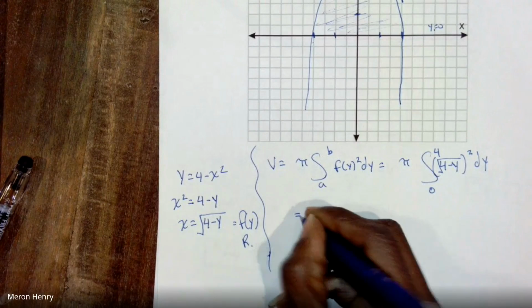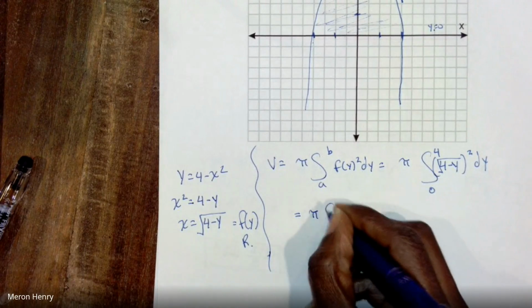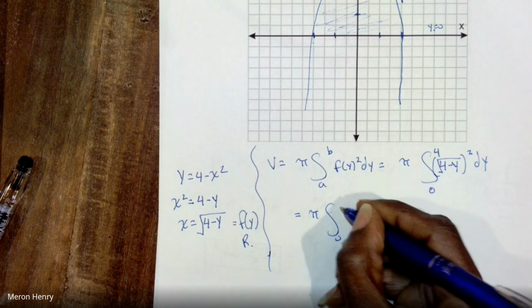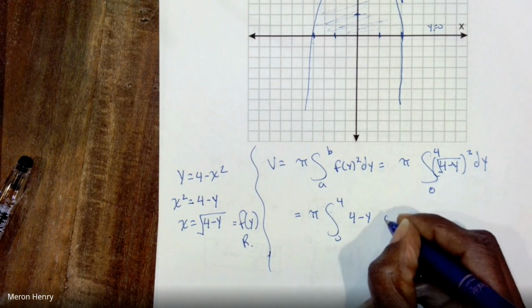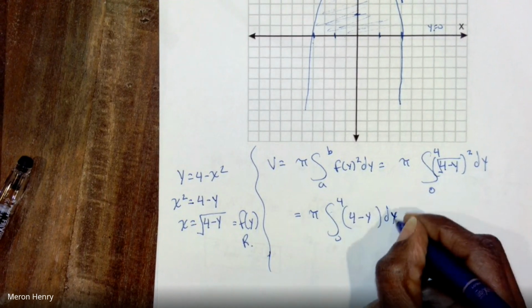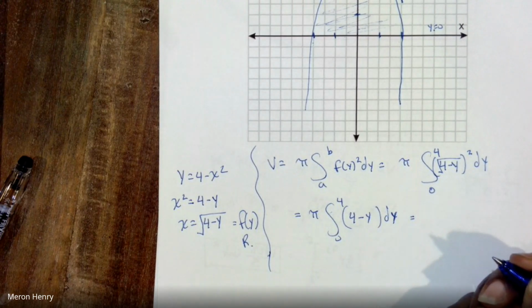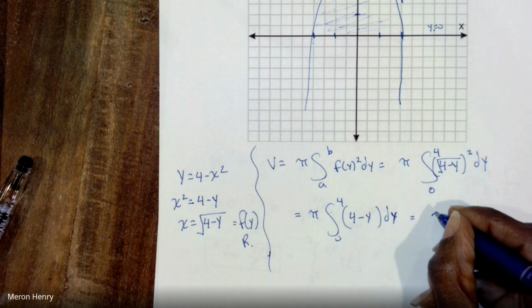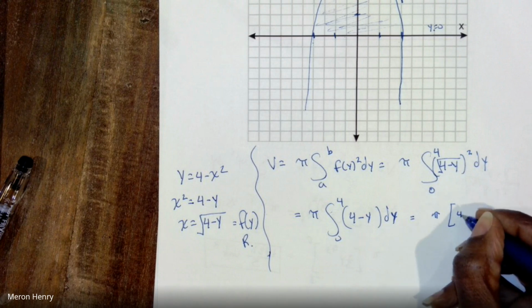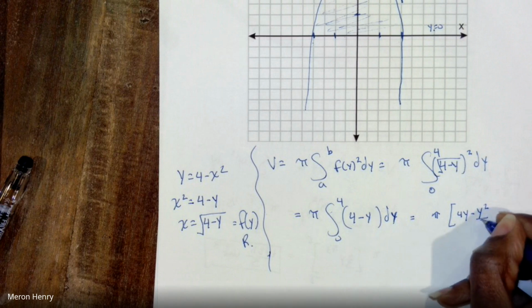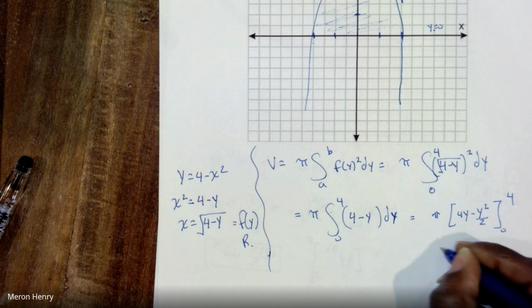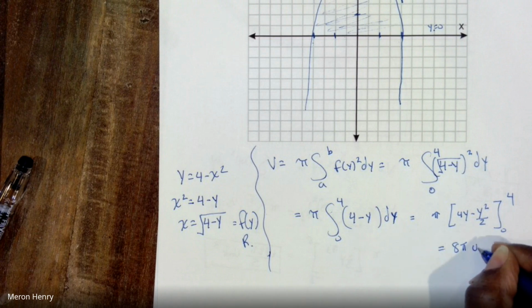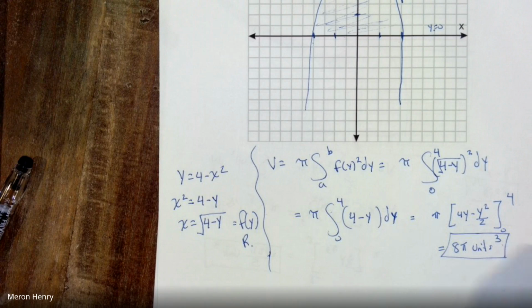So you're going to have pi times the integral from 0 to 4 of 4 minus y dy. And that's an easy power rule, and that will give you pi times 4y minus y squared over 2 from 0 to 4, and that should give you 8 pi units cubed. Okay.